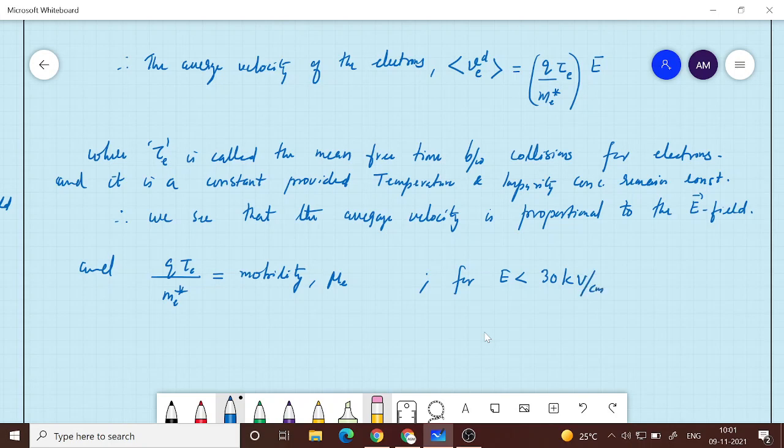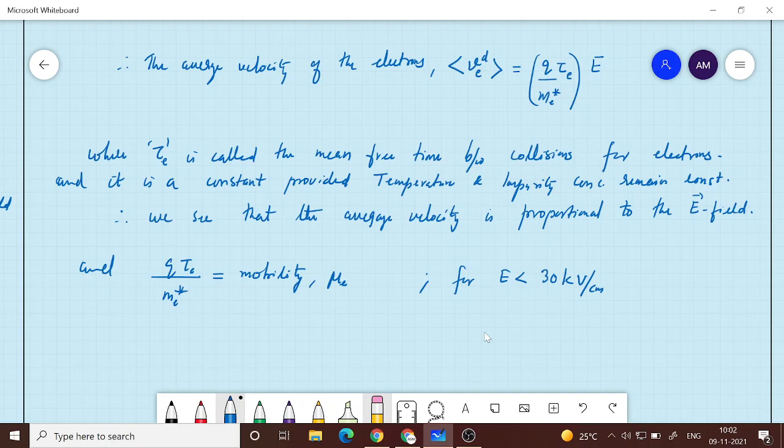This is pretty high. Normal applied voltage will create electric fields which are normally less, but how much the electric field will be depends upon various factors, because electric field depends not only on the potential but also on the distance across which you apply the potential.